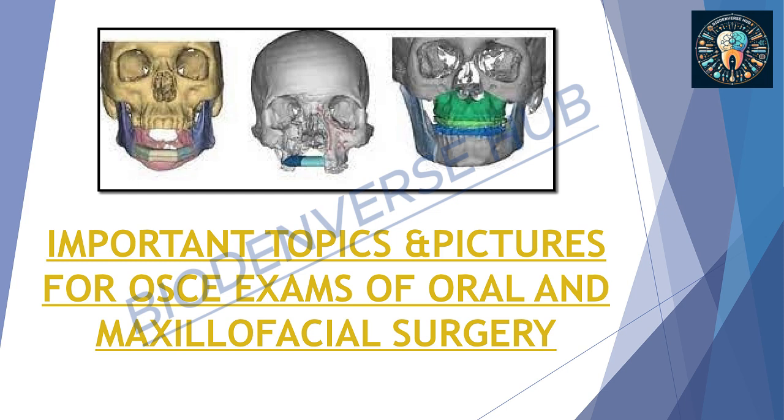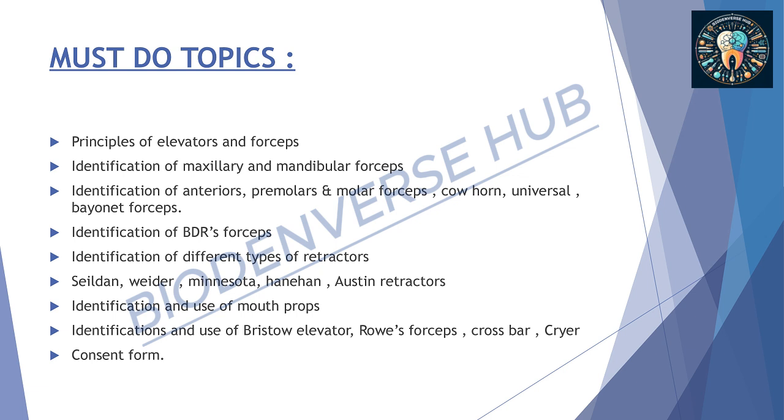First of all, we will be studying some must-do important topics. In that regard, our first important topic is the instruments, having the elevators and the forceps. If it is a static station, you will be asked about the identification of the instruments, the points of identification, the use of the instruments, or the principles of the instruments.